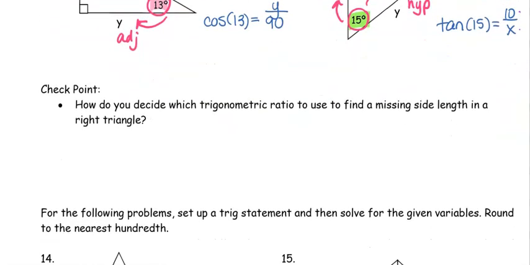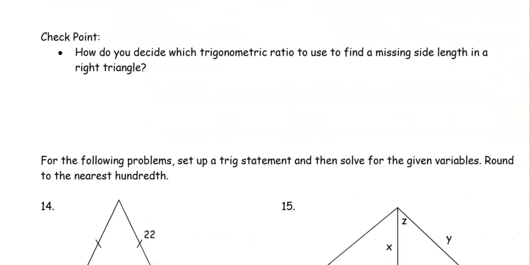All right, moving on. How do you decide which trig ratio to use to find a missing side length in a right triangle?